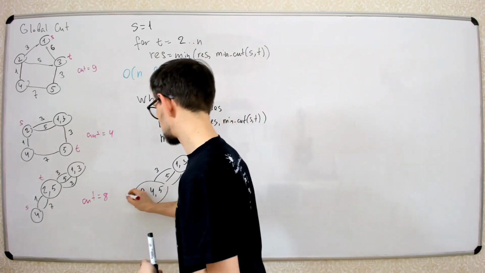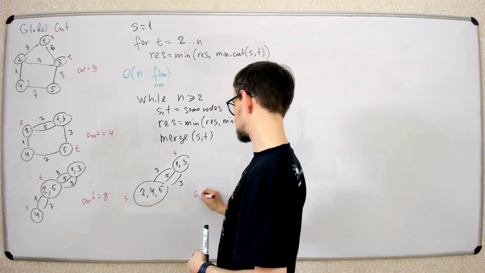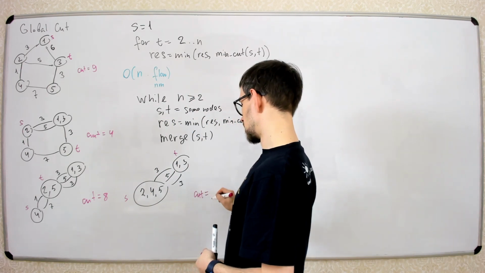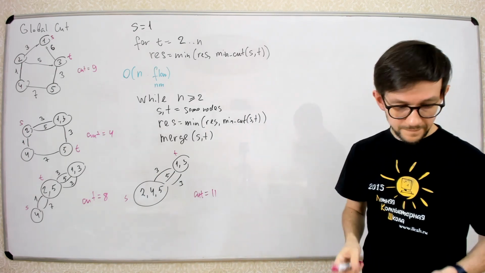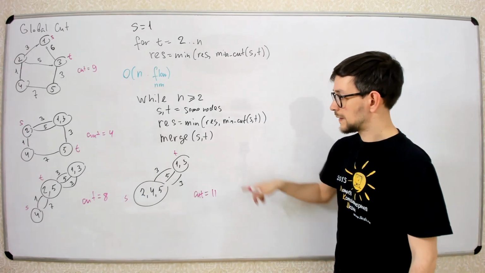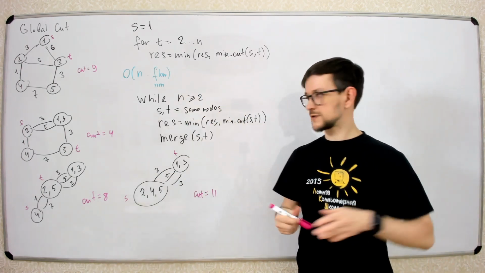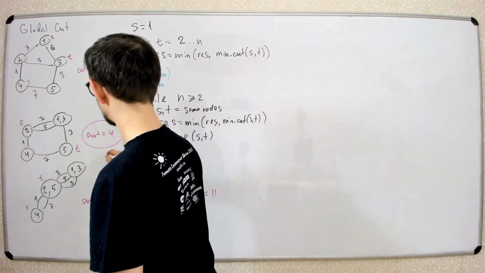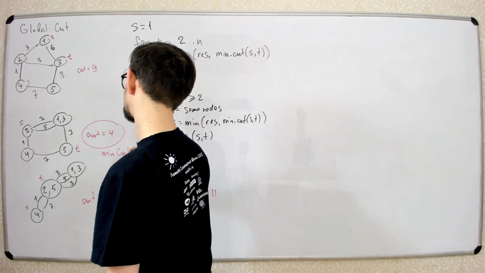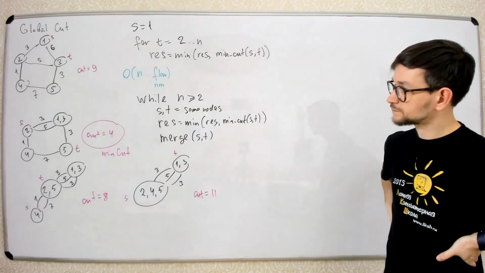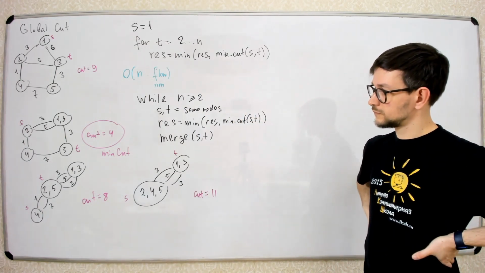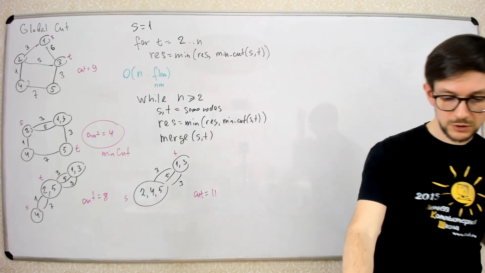Now again, you select S and T, and the cut is 11. Okay. And now you simply take the minimum of all these values. So the minimum will be here. That's all. That's how we do it.